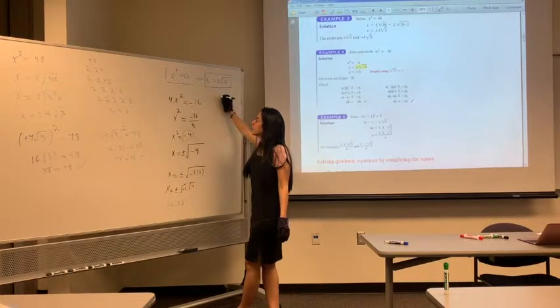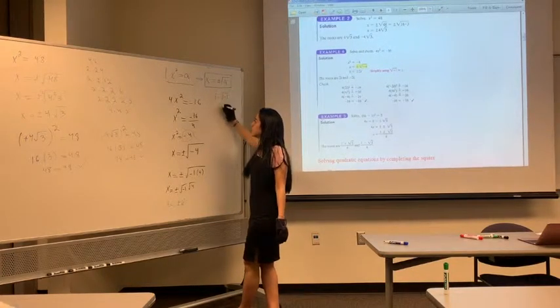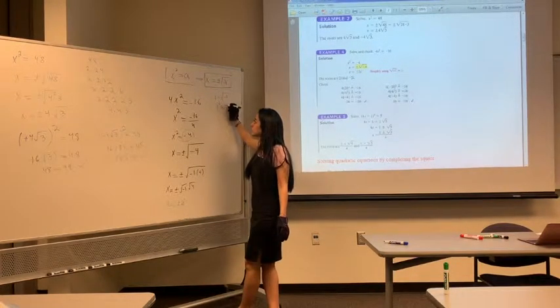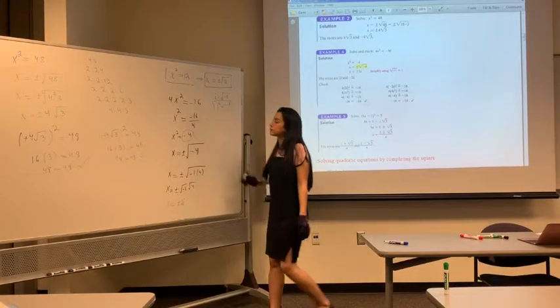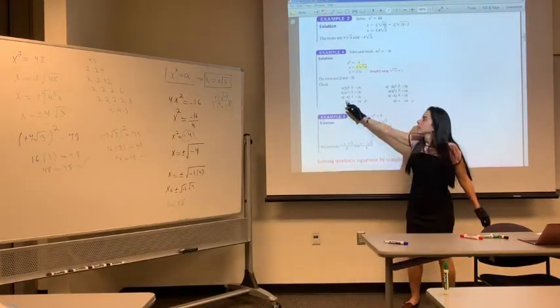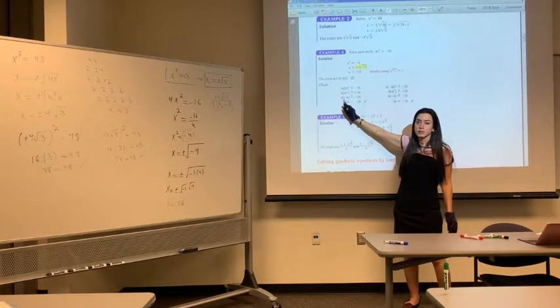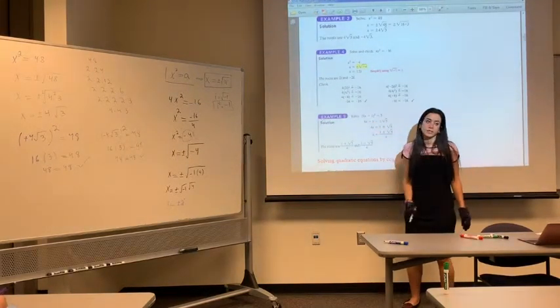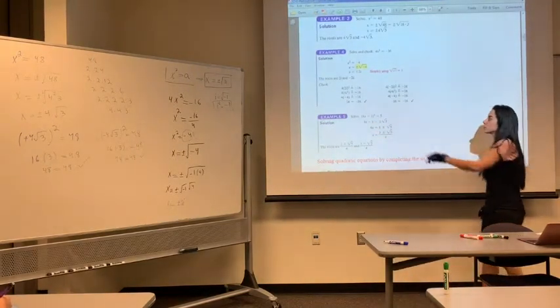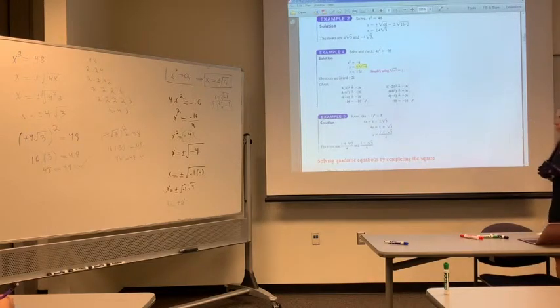If i is radical negative 1, i squared is negative 1. That's why we now have negative 4 here. So negative 4 multiplied by 4 is negative 16, and it will be the same on both sides.